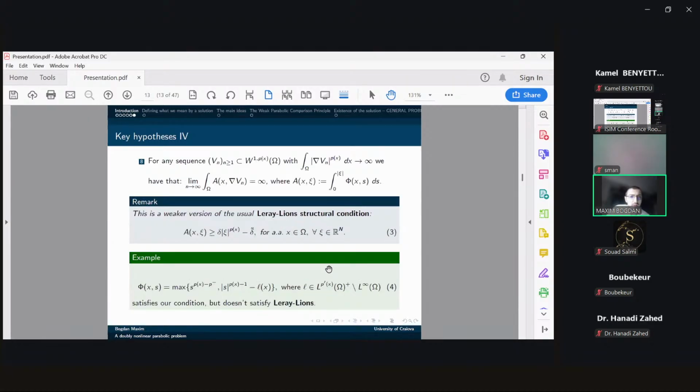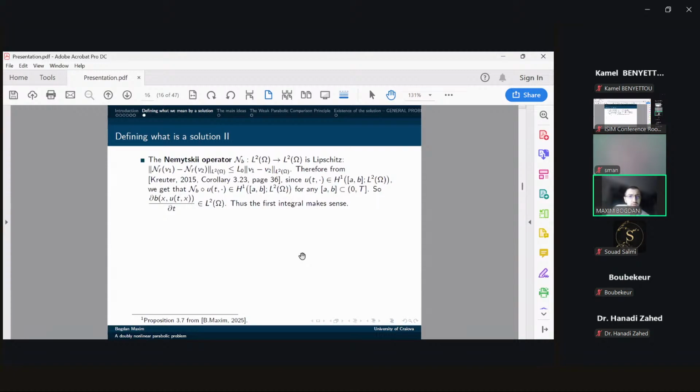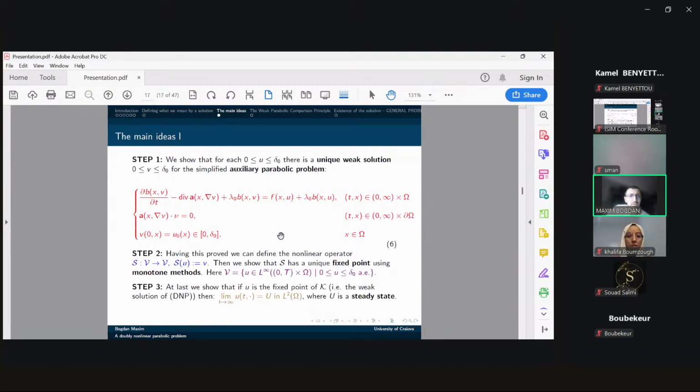The main idea, I will skip some things, is the definition of the solution. I work with weak solutions, and I'll try to solve this kind of problem.